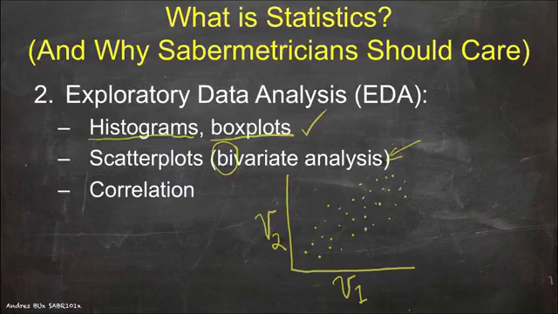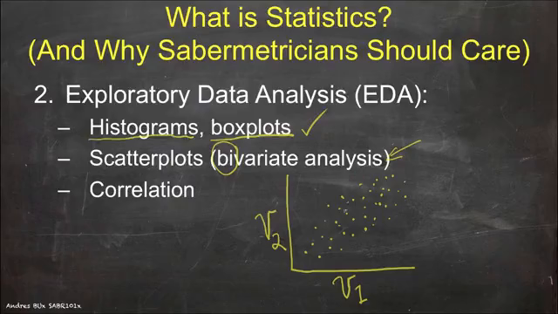So I've just plotted a bunch of data points associated with two variables, variables 1 and 2, and now we can start to see if there's any kind of relationship there that might be worth exploring and asking more questions about the relationship between these two variables and why it might be important. That's what bivariate analysis is, and in a future module we'll discuss this much more thoroughly.